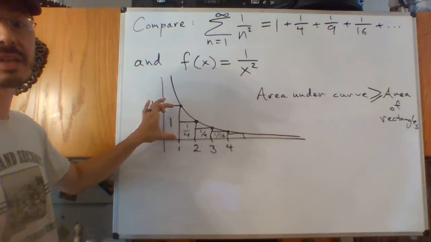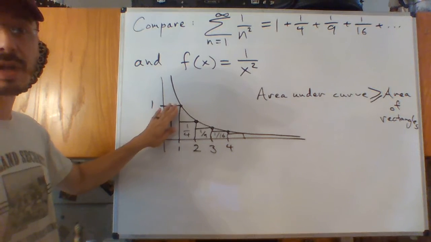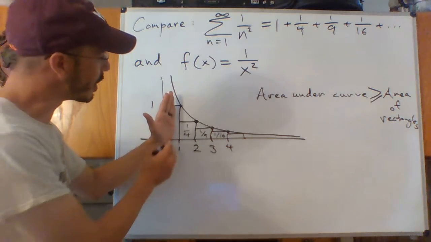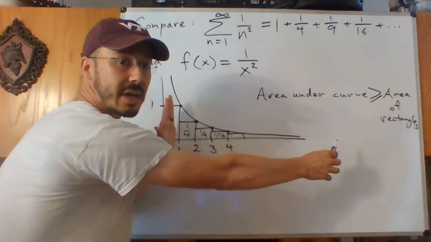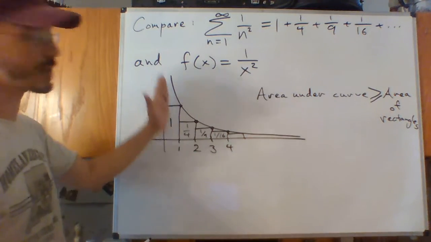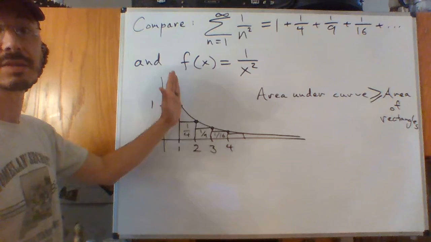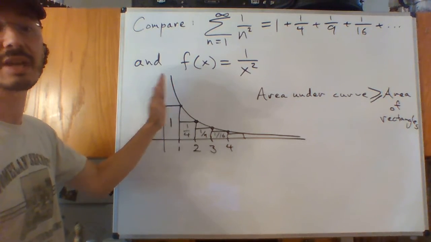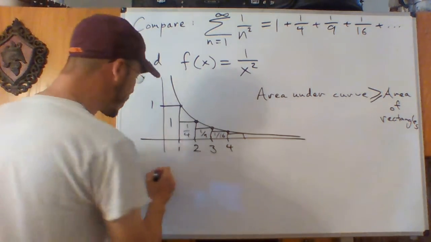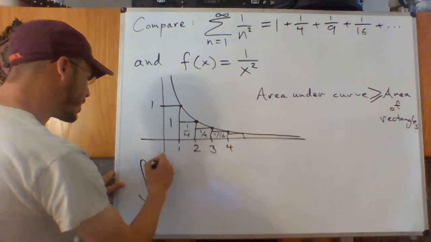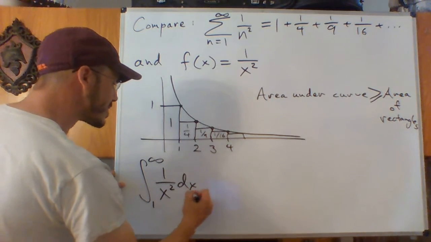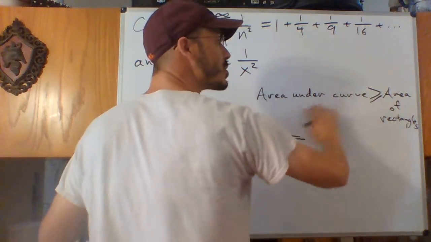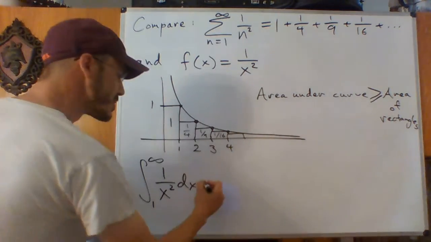We're really just leaving that as a 1 for our first block, and we're looking at the area under the curve from here, starting at 1, going all the way down the number line. This part actually is not finite. It's not very useful because it's not a finite area. But if we start to look at the integral from 1 to infinity of 1 over x squared dx, that's the area that's larger than the area of the rectangles.